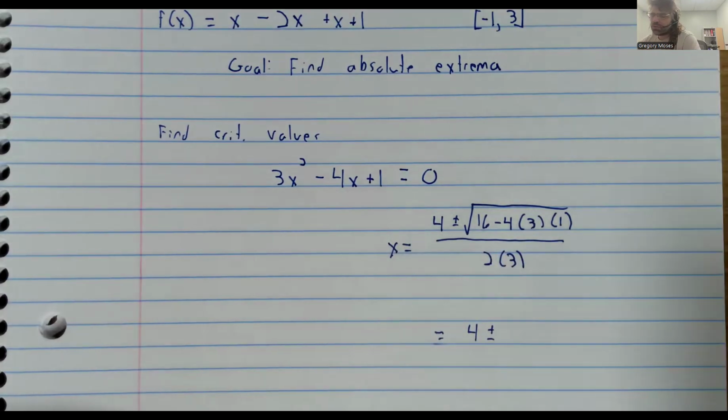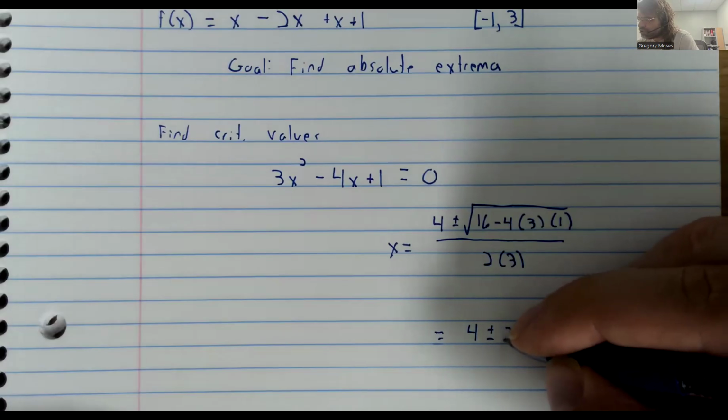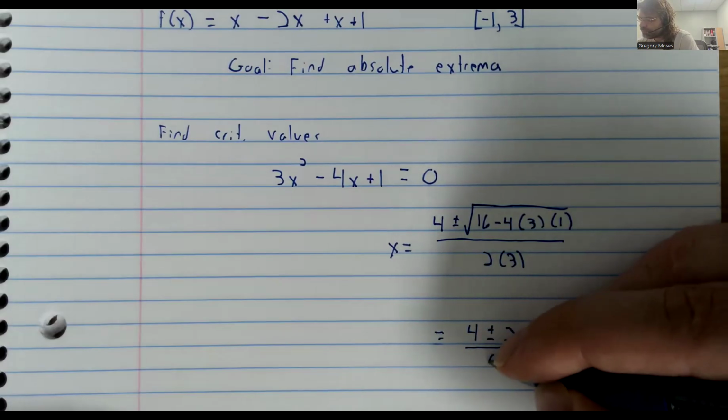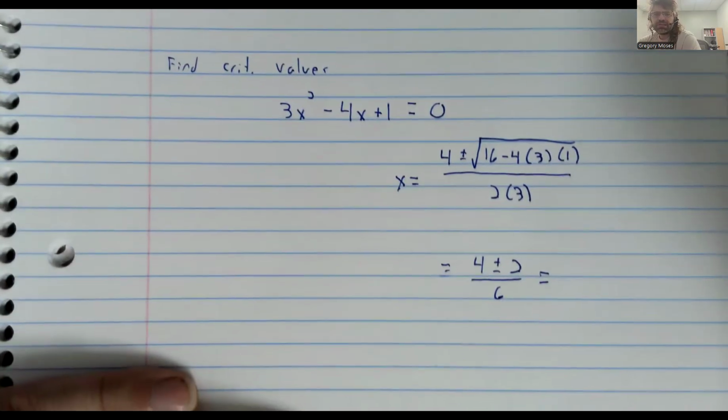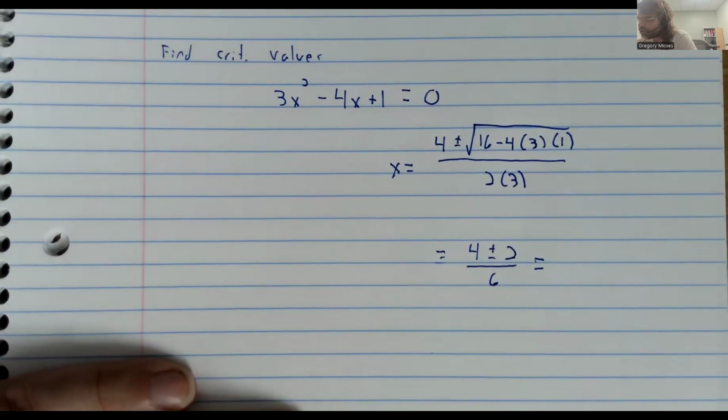The square root of 4 is 2. Okay, this wouldn't have factored easily after all.